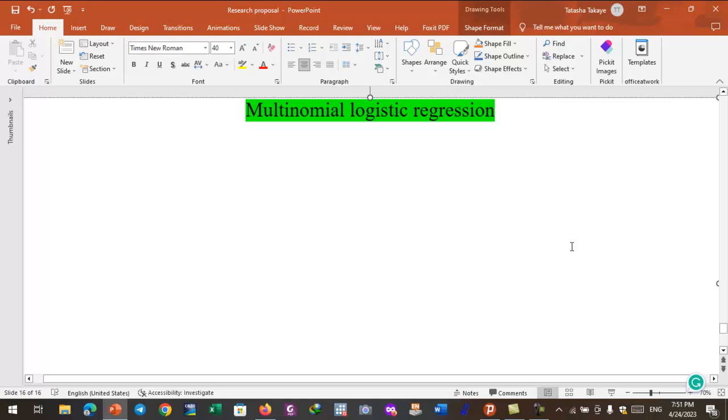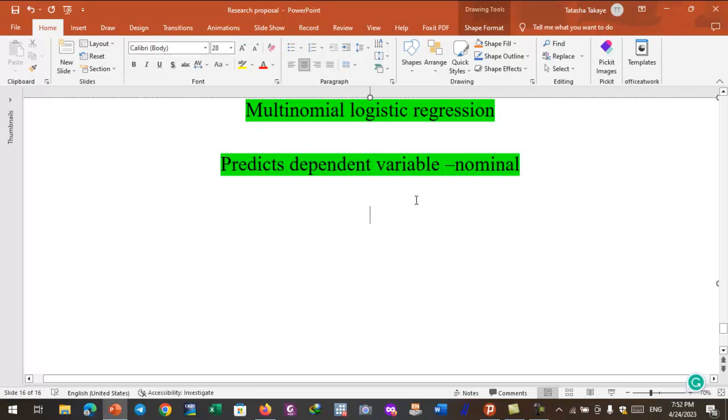It predicts the dependent variable, but the nature of the dependent variable that it predicts is nominal. When we say nominal, we mean that the groups in the dependent variable are just names.